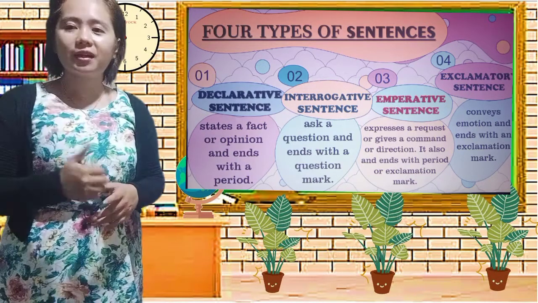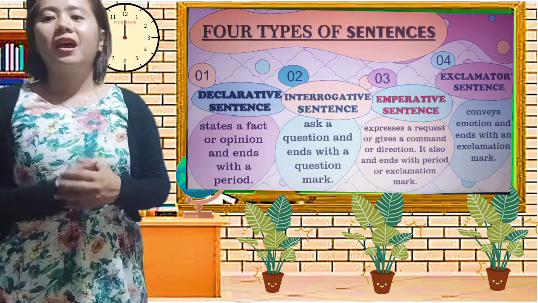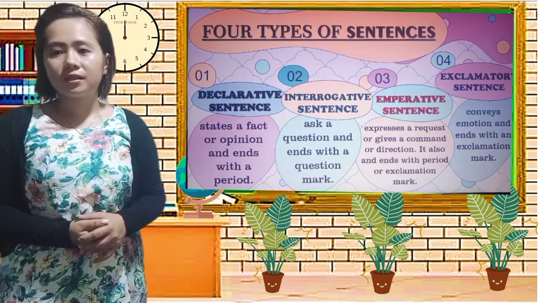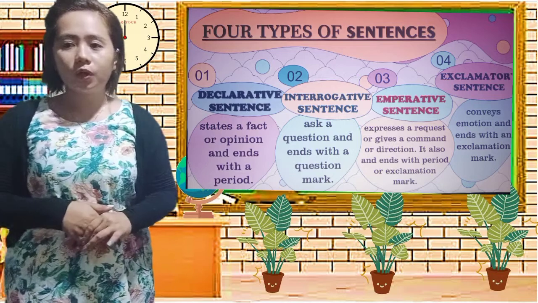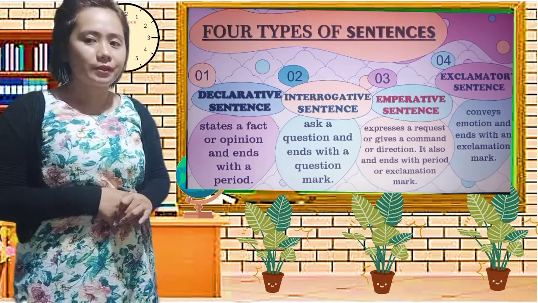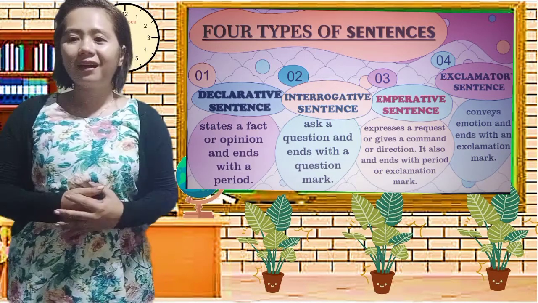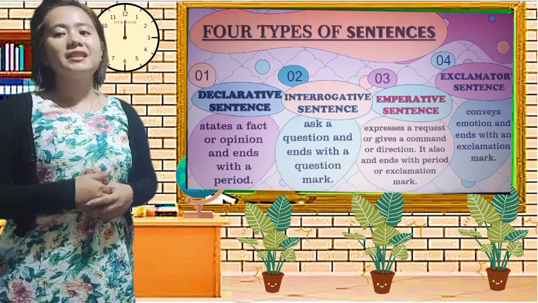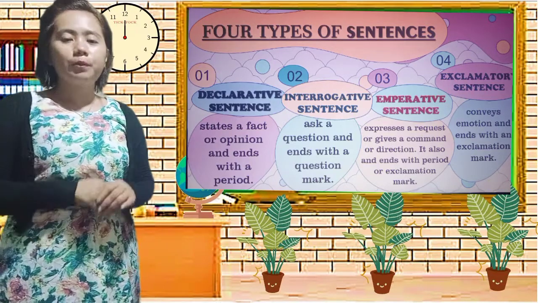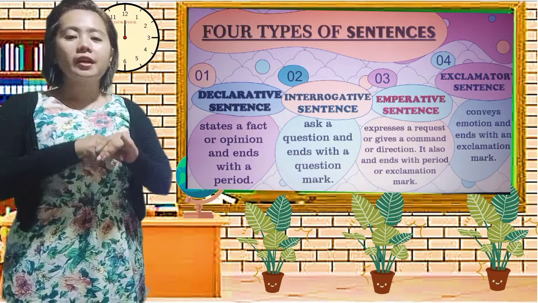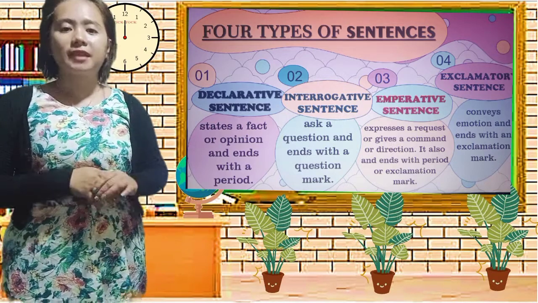Yes, you got it! Perfect! Now, I want you, class, to give me an example of an imperative sentence. Oh, well done! Now, let's discuss the last type of sentence, which is the exclamatory sentence.